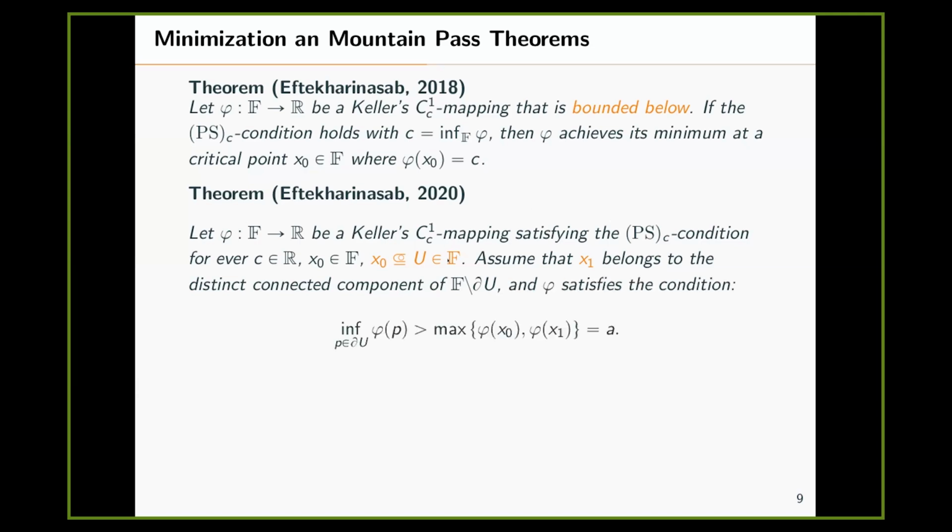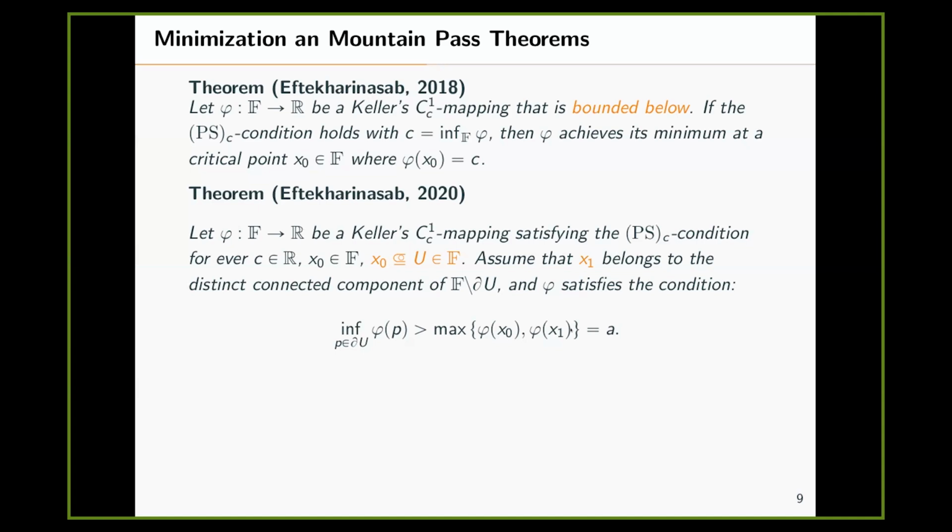Now imagine two points, x_0 and x_1, that, roughly speaking, are separated by an open neighborhood of x_0, and we impose this geometrical condition: the infimum of the functional on the boundary of the open neighborhood is greater than both of the values of the function at these two points.